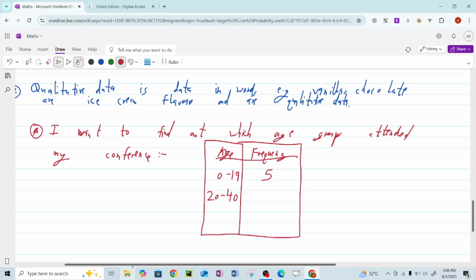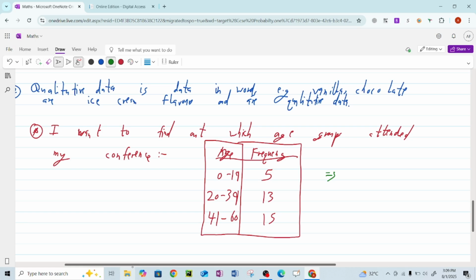That will give me, let's say, 13 people. Then we can make from 41 to 60, and we could have 15 people. Now, I did make a mistake over here, it should be 39. One thing to keep in mind over here.